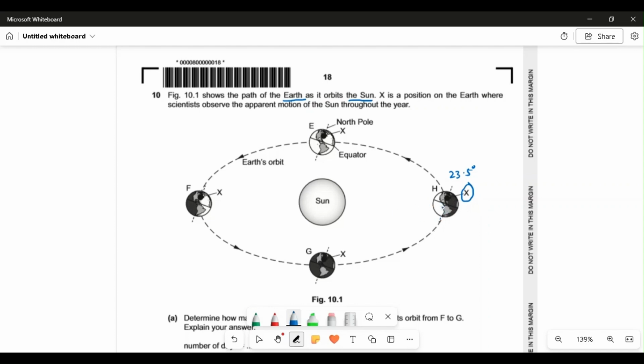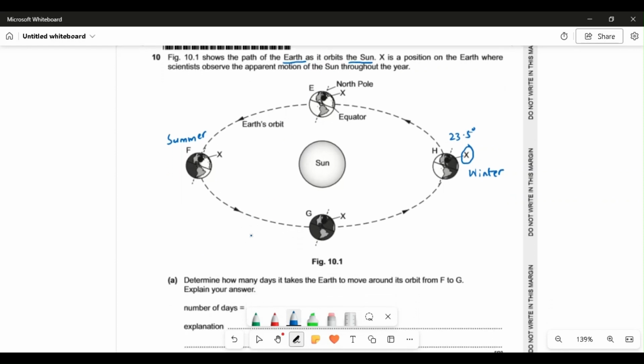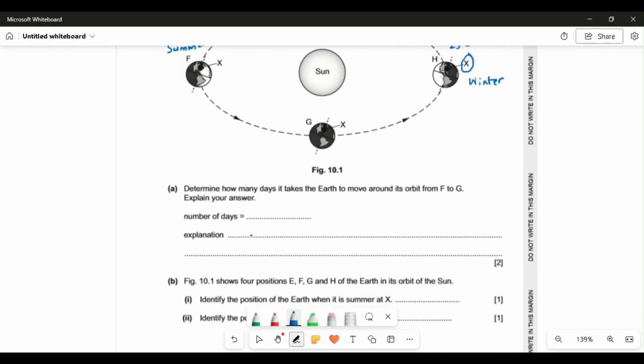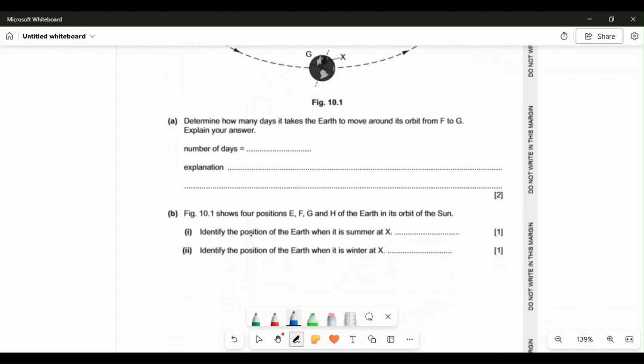So this side will face the Sun for less time. So this will probably be winter. On the other hand, when you are at F, the scientist is facing the Sun because of the tilt. Most of the time they will face it, so this might be summer and the rest two will be winter or spring.